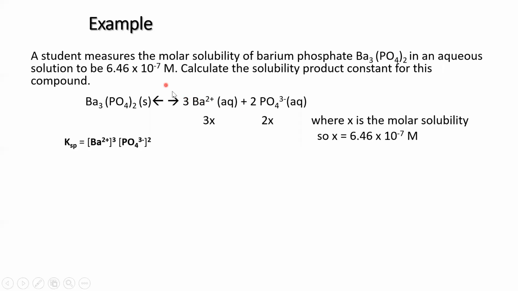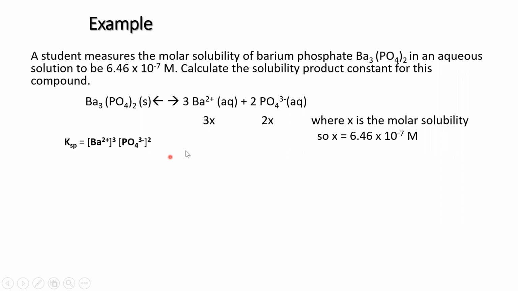Now, I kind of went ahead of myself. So the barium ion will be 3x, and the phosphate will be 2x, and x is how much dissolves. Sorry, I should have done that part first. Actually, I should have done it second.